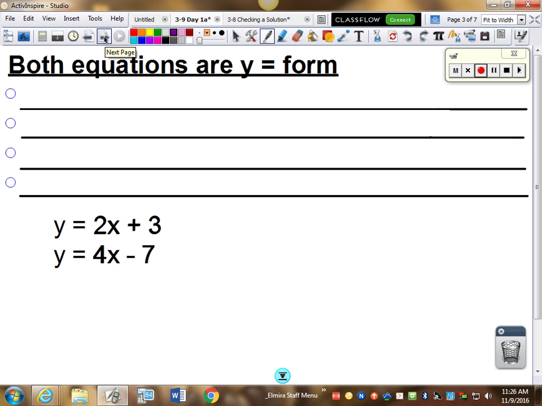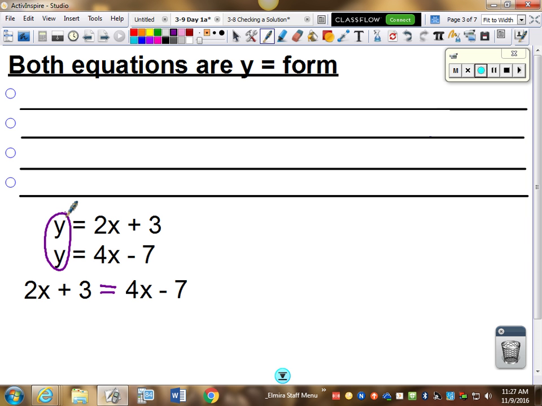We're going to take the 2x plus 3 and the 4x minus 7, and we're going to put an equal sign in between them because they both are equal to y. And when you see the same letter two times in a system of equations, it means that if we knew what y was, it's the same number for both.